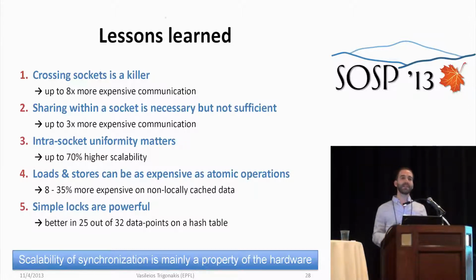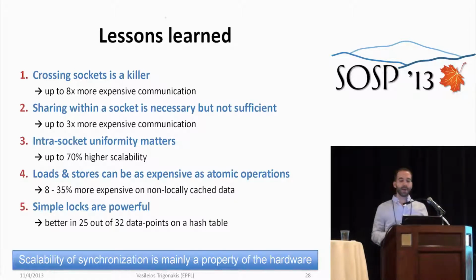We then saw that intra-socket uniformity is an important property and can lead to higher scalability than even the slightest non-uniformity, and then that loads and stores can be almost as expensive as atomic operations when you actually need to transfer the data from a remote core. So this means that we shouldn't blame the use of atomic ops for all our scalability problems.